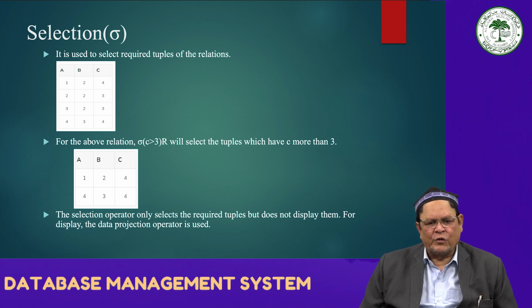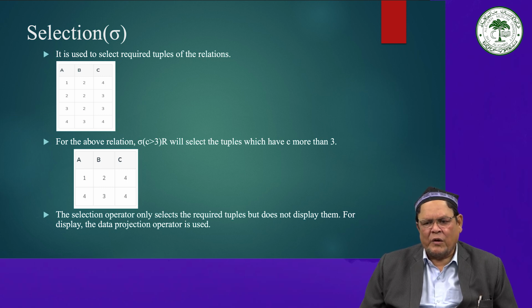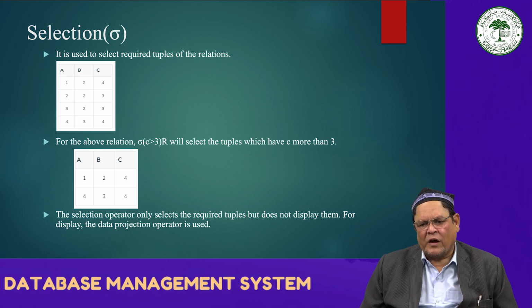Selection plays a crucial role in formulating precise queries and refining result sets to meet the requirements of various applications. It enables users to extract meaningful information from the database by filtering out irrelevant data.